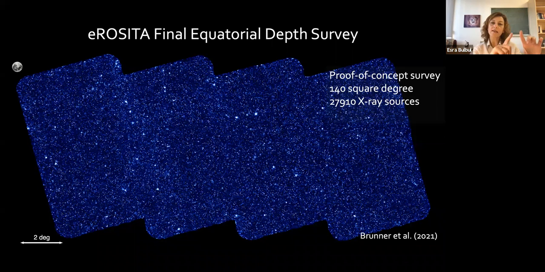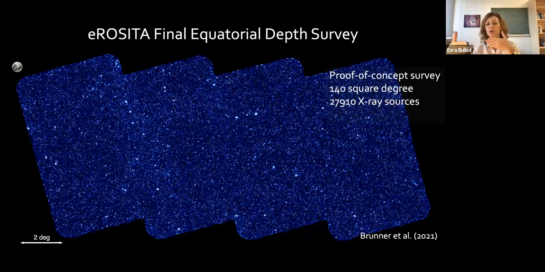So we scanned a 140 square degree region at the equatorial region of the eROSITA sky. And the reason why we picked this region is because it's very well covered with other optical surveys. So once we detect an X-ray concentration, we can then determine its redshift and distance from us.